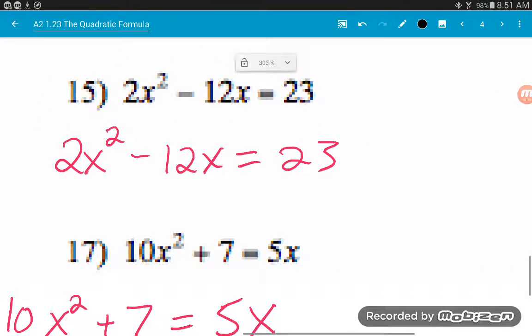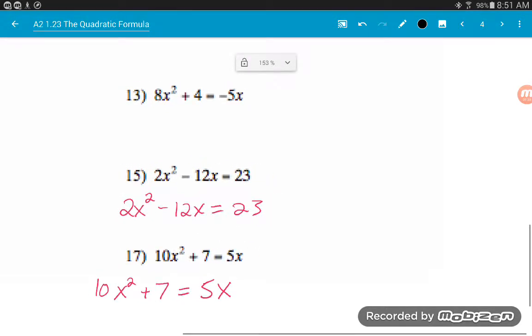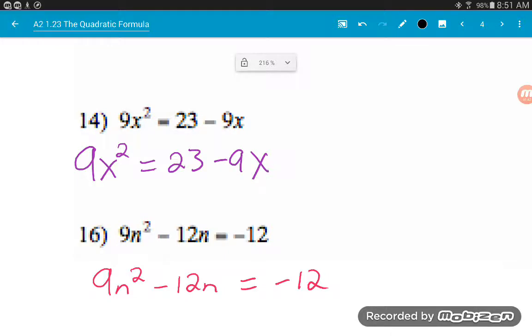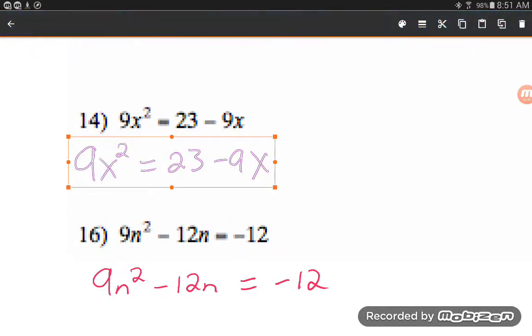All right, so question number 14, left-hand side, is 9x squared equals 23 minus 9x. So I'll take that from here and put it onto my loose leaf.